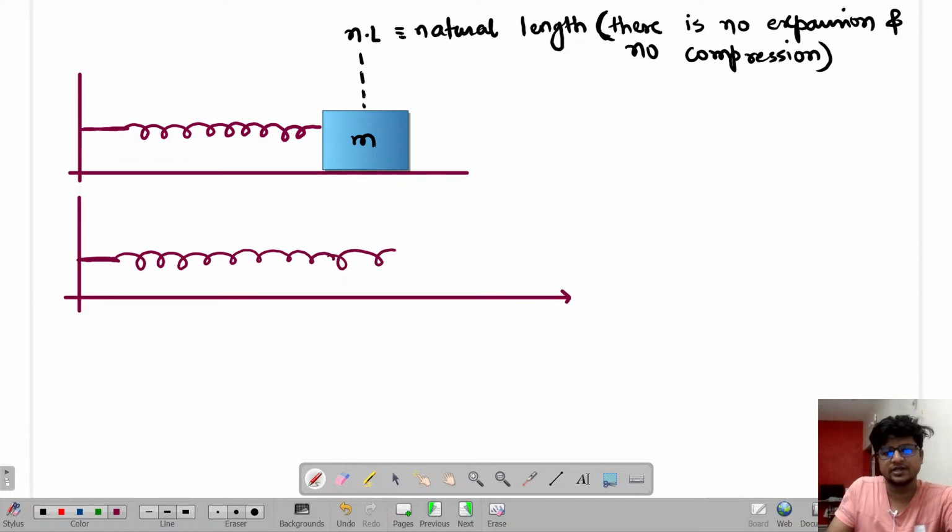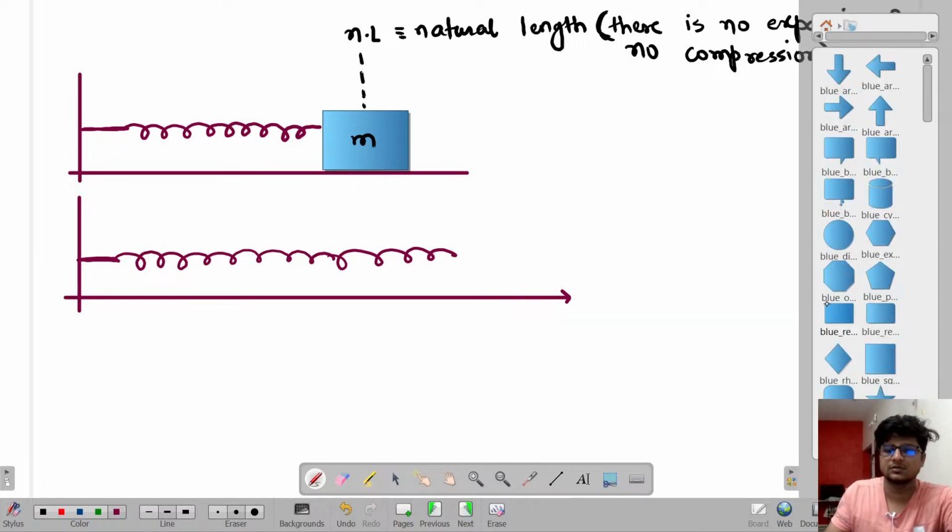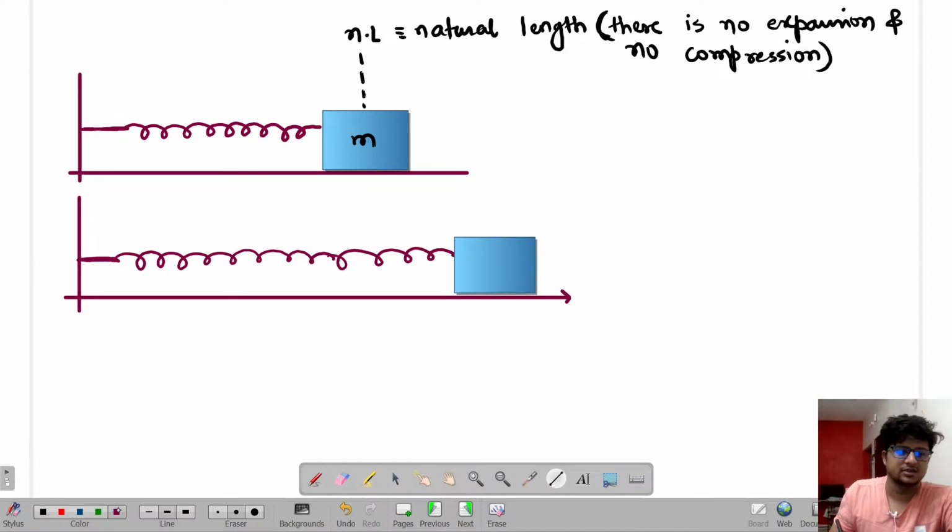Let's suppose I expanded this spring and I brought it over here. Got it? So you can see that there is some displacement from this natural length state, correct? Of the mass m. Got it?